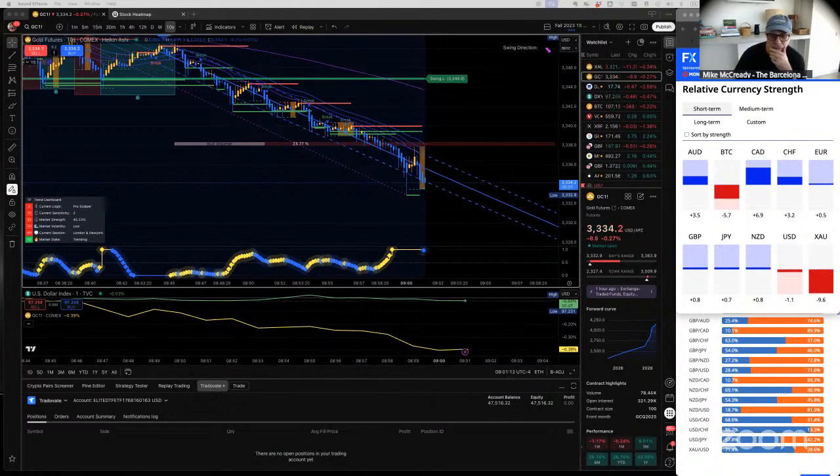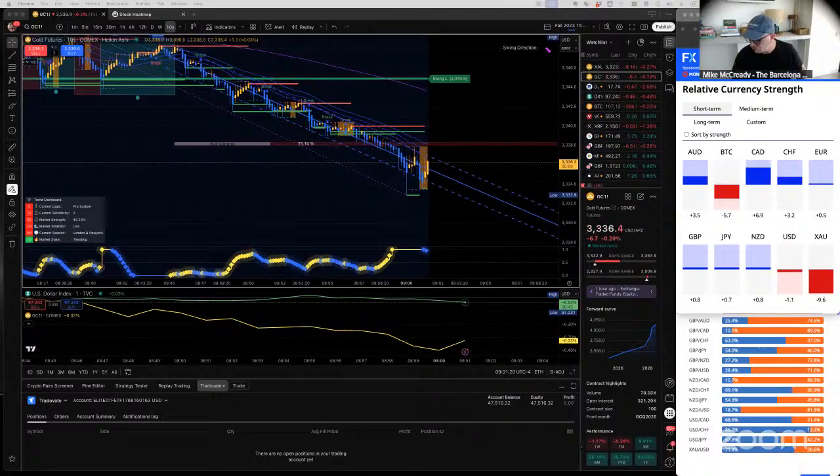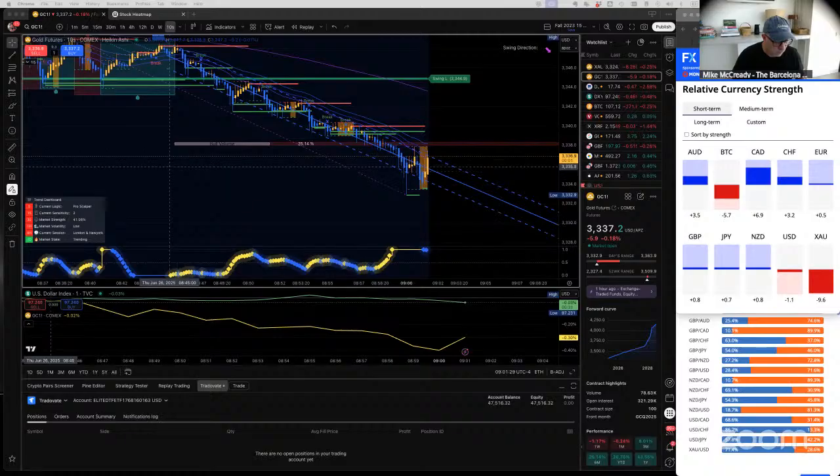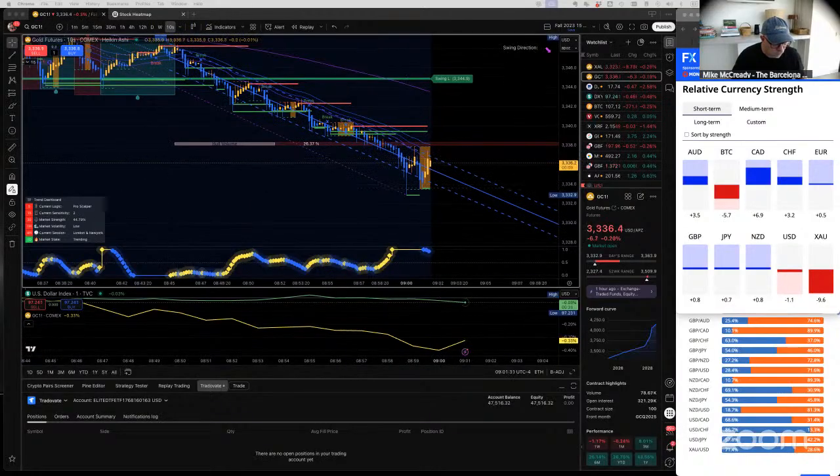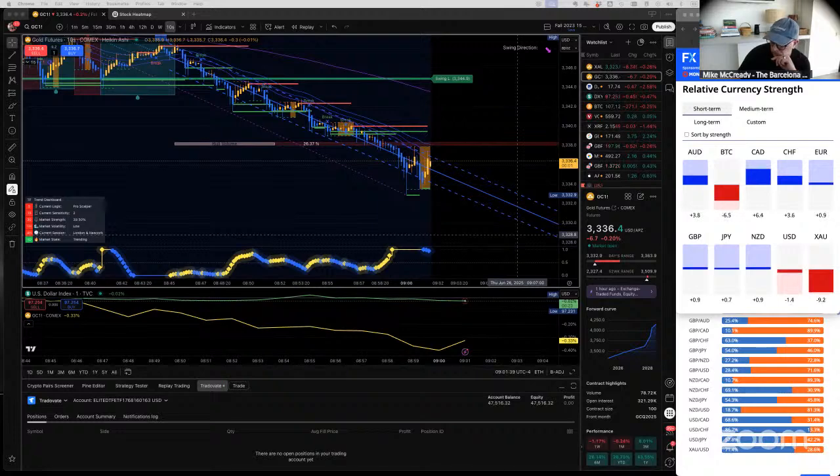Okay, now we're coming back down. Now we have yesterday's point of control right below the DM2.